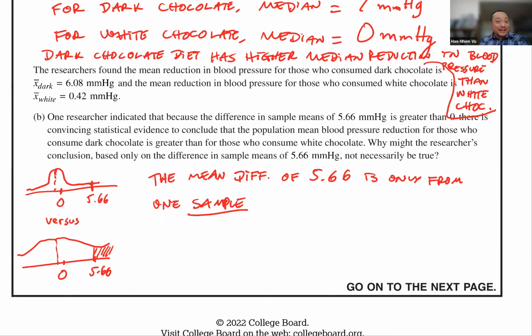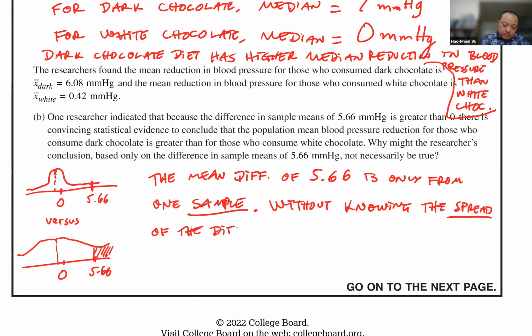I'm going to basically explain p-value and how it works with sampling distribution. Without knowing the spread of the difference in means, there could be a high probability of getting 5.66 anyway.